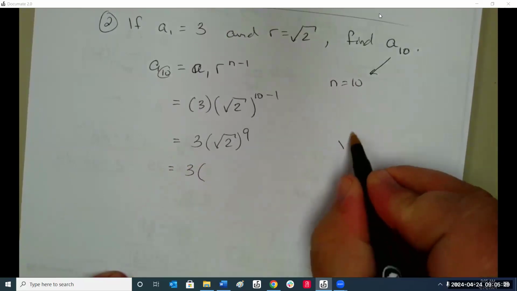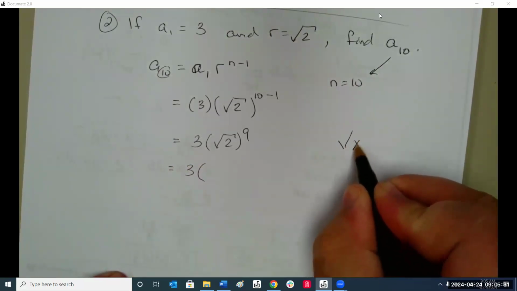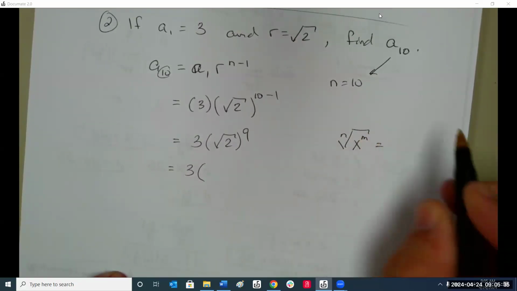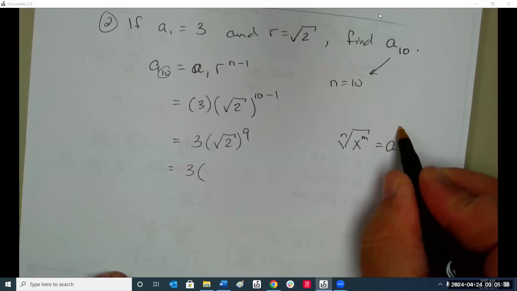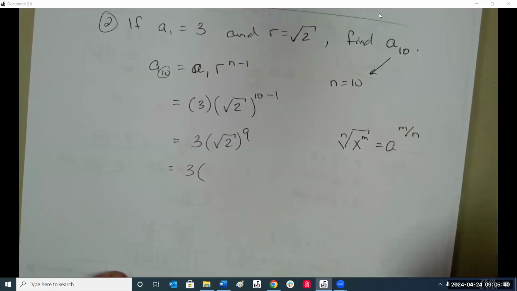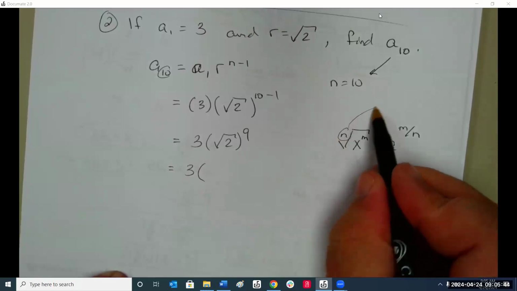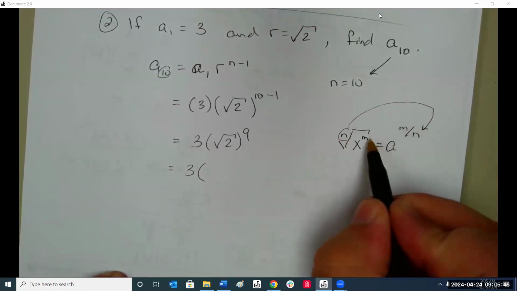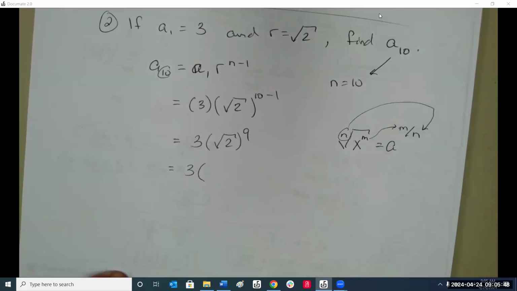Remember our conversion from radicals to exponents. Whatever the root is goes on the bottom. Whatever the exponent is goes on top.